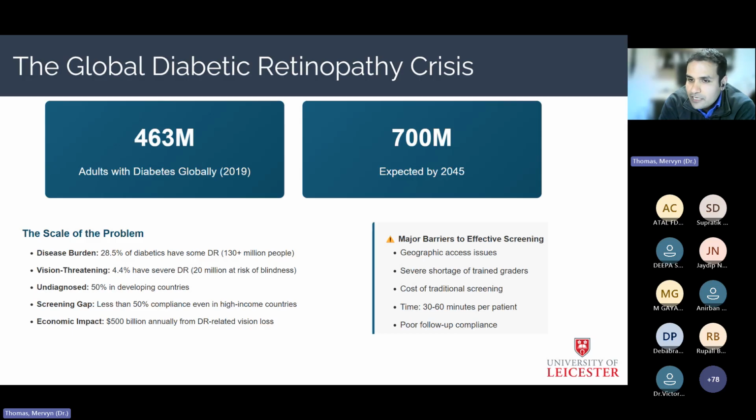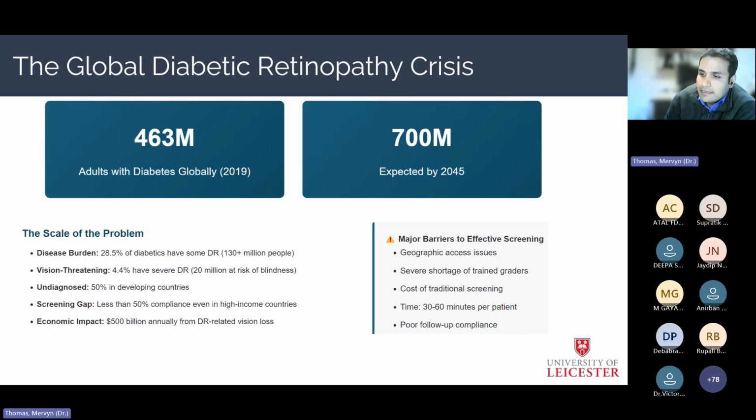But there are some major barriers to effective screening. These include geographic access issues, a severe shortage of trained graders, the cost of traditional screening, the time it might take per patient, and finally, poor follow-up compliance.